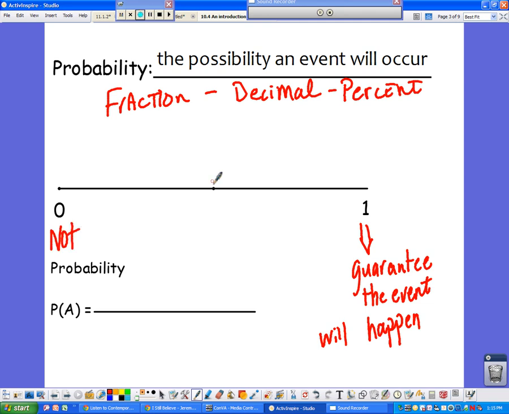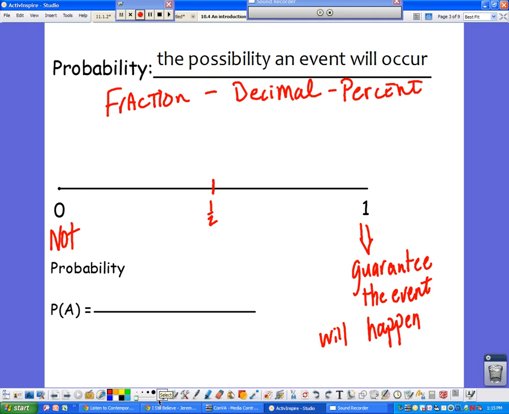And at the halfway mark, you have a good chance it will or it won't. It could go either way. A low probability would be anything that is less than a half, but not past 0. And a good probability would be anything that's greater than a half, but not over 1. If you go over 1, then you've got a mistake, because the maximum a probability can be is 1.